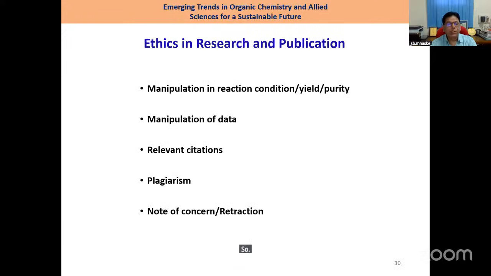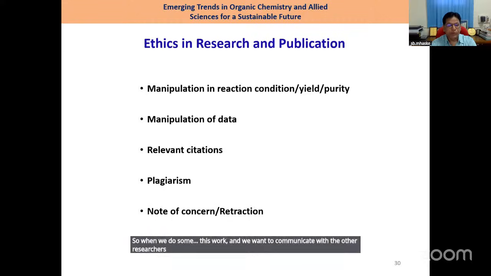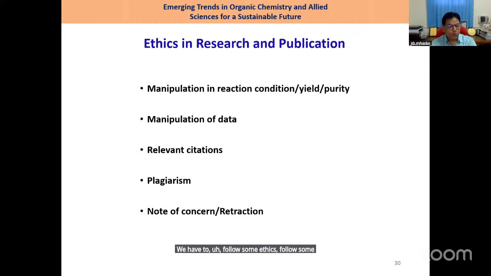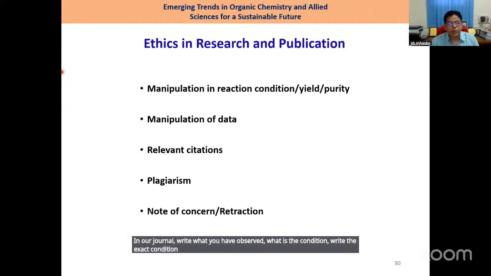Before I conclude, this is again a slide for new researchers or those who are currently doing research. When we do this work and want to communicate with other researchers throughout the world, we have to follow some ethics and norms. When writing our results in our notebook or journal, write what you have observed, the exact conditions, yield, and purity.